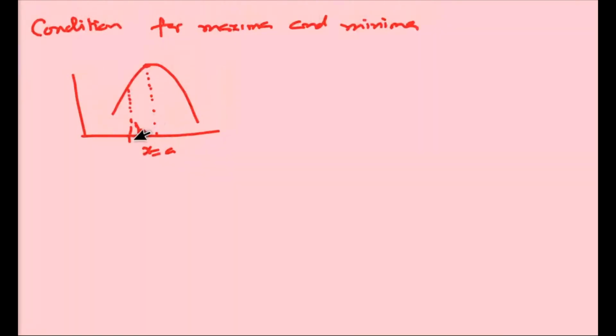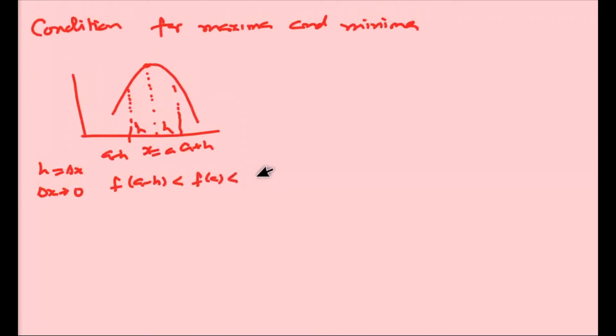Let this be h, where h is equal to delta x, and delta x tends towards 0. Therefore this point will be a minus h, and on the other side, this point will be a plus h.